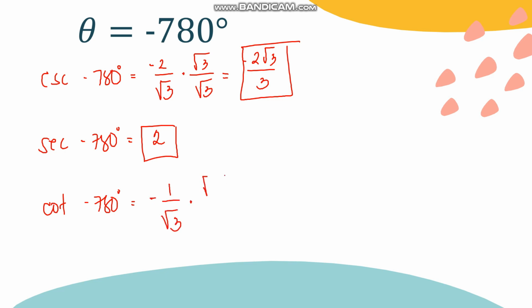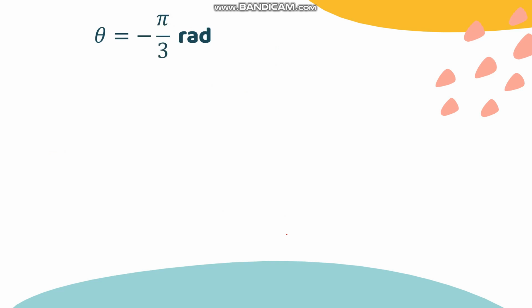But we still have to rationalize this. So we have negative square root of 3 over 3 for the cotangent of the given angle. So again, these are now the 6 trigonometric functions of the given theta.